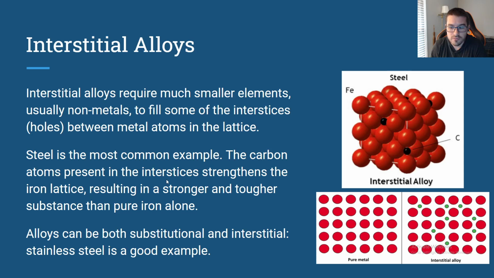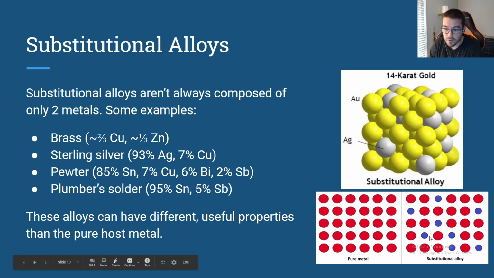And one other note: alloys can be both substitutional and interstitial. You can have this diagram down here where you've got these little green carbon atoms in between the irons. Well, you could also have some of those irons replaced by something else.